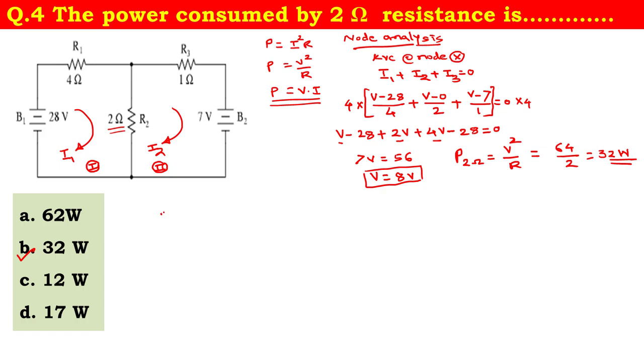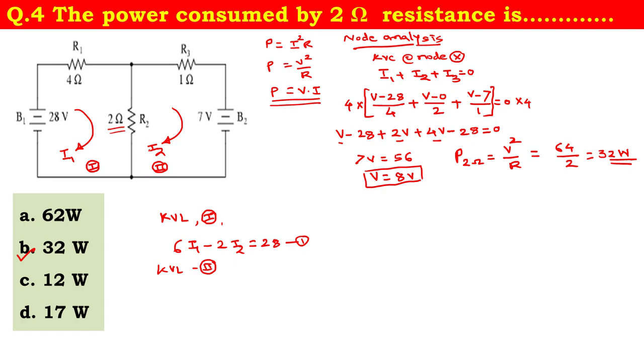Applying KVL to loop 1, the self resistance is 4 plus 2, that is 6I1, minus the mutual term 2I2, that is equal to 28. This is equation number 1. Now apply KVL to loop 2.